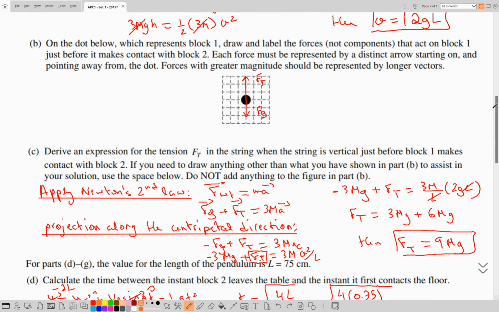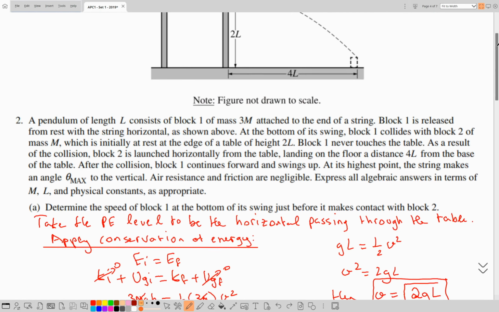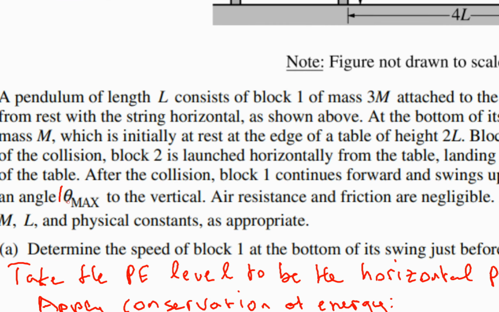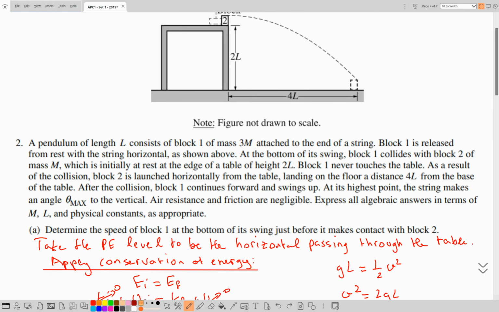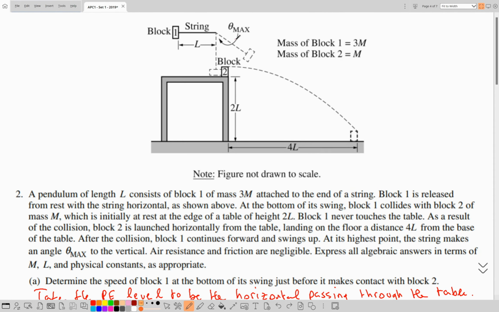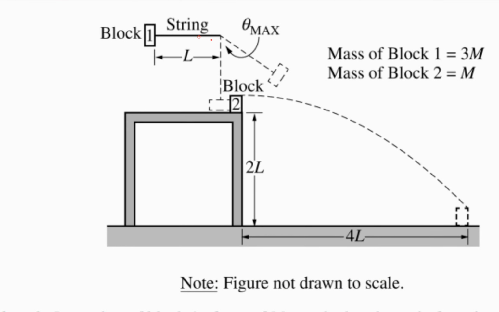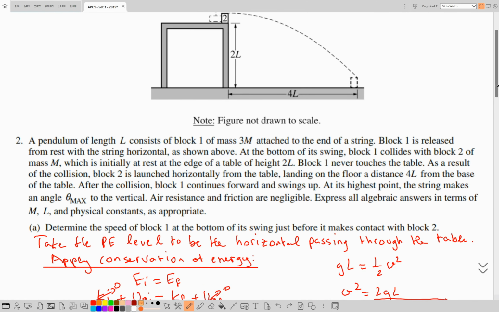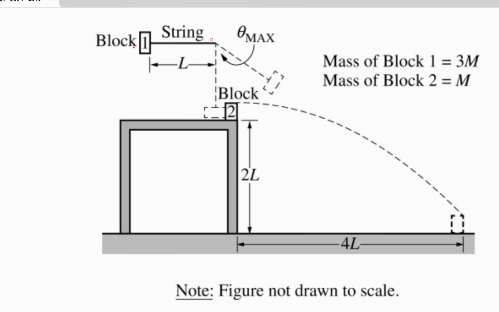Now what's happening here, before I proceed, if the aim of the exercise is to determine theta max, then we need to determine the speed of the block just after the collision.